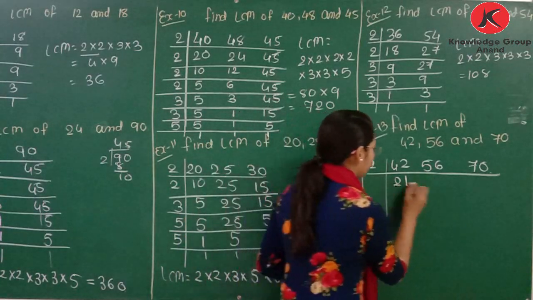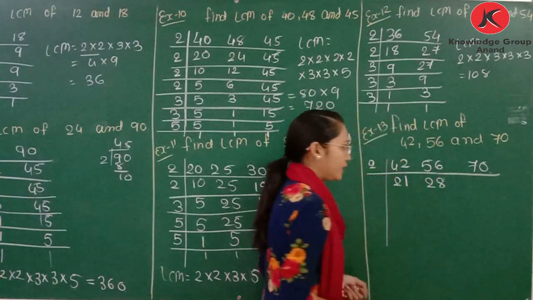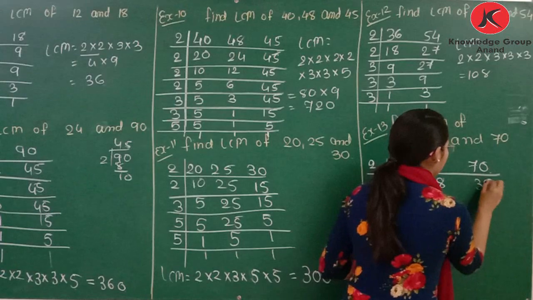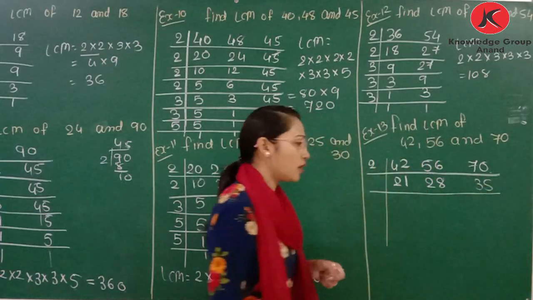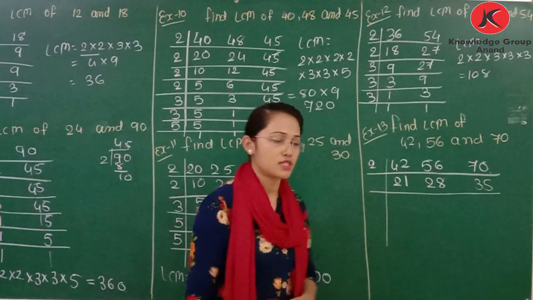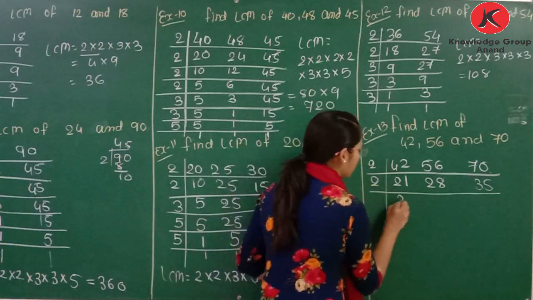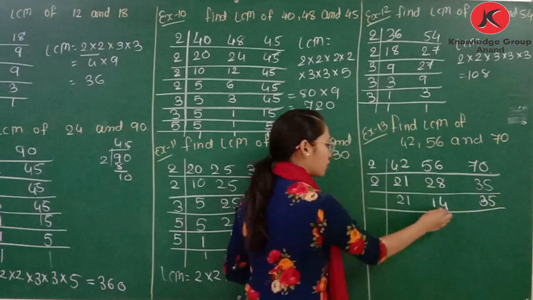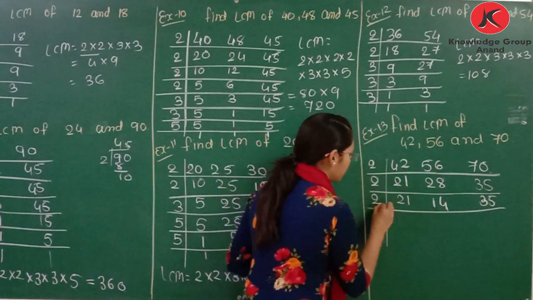You will get 28. Divide 70 by 2. You will get 35. Now again you can see 21 is not divisible by 2, but 28 is divisible by 2. So take 2, 14, 35. Now again you can see 14 is divisible by 2.